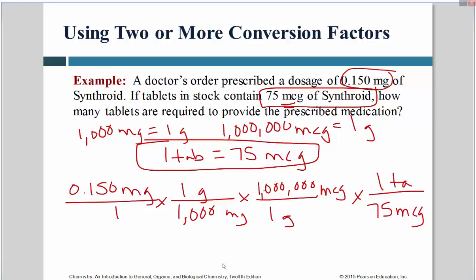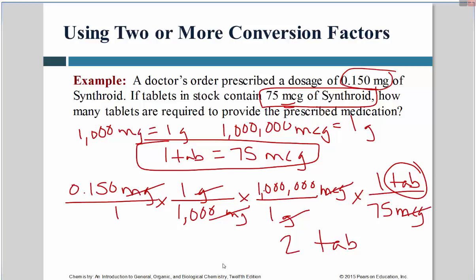So now we can cancel out the units we don't need. Milli gets canceled, grams get canceled, micrograms get canceled. That leaves us with tablets. Believe it or not, all these numbers come down to 2. 0.150 divided by 1,000 times 1,000,000 divided by 75 is 2.